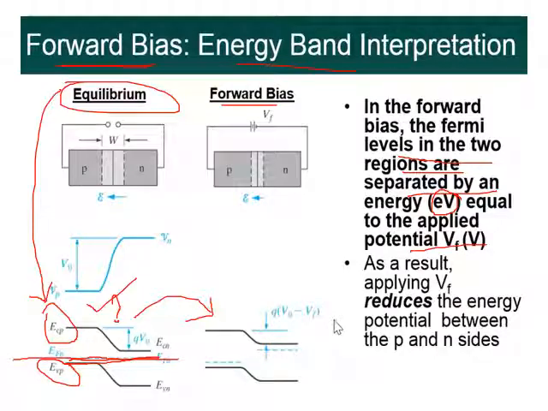That means whenever a forward potential is applied, we are seeing something written here. It is V naught minus Vf, right?